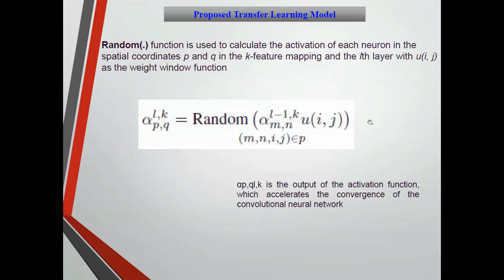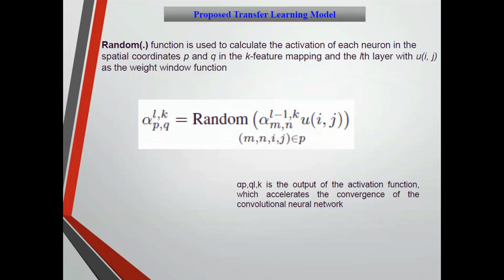Okay. Next, random functions are used to measure the activation of each neuron in the spatial coordinates like P and Q in the K feature mapping and L layer, with U_j as the weight window function. That means one rank function we have associated with this for generating the features.